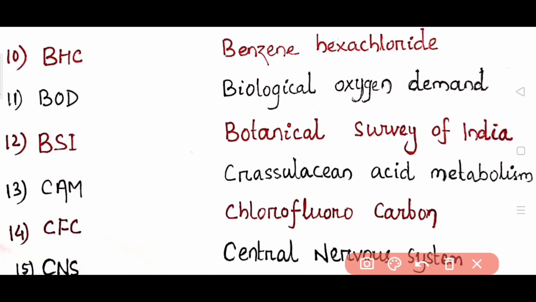Then BHC. The full form of BHC is benzene hexachloride. It is used both as an agricultural insecticide and as a pharmaceutical treatment for lice and scabies. Then BOD.